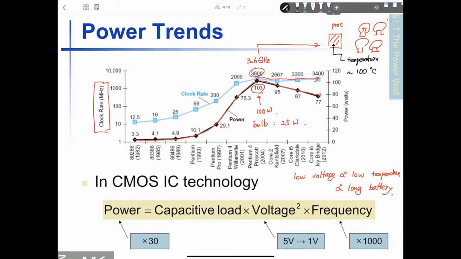So instead of increasing the frequency, they are trying to reduce the power consumption by reducing the frequency. Then why does reducing the frequency or the voltage solve the problem? Okay, let's look at this one.